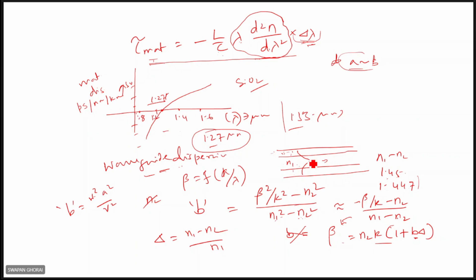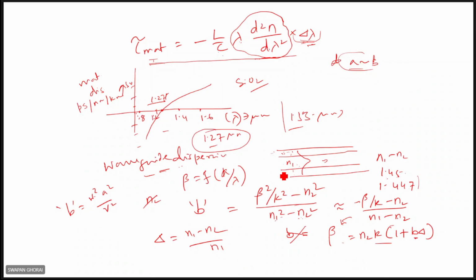So how to calculate this one? Since material dispersion is an inherent problem, if you want to calculate the waveguide dispersion, then you will not be sure whether it is due to waveguide dispersion or material dispersion. So to get the waveguide dispersion solely, you have to consider that n should be independent of lambda.